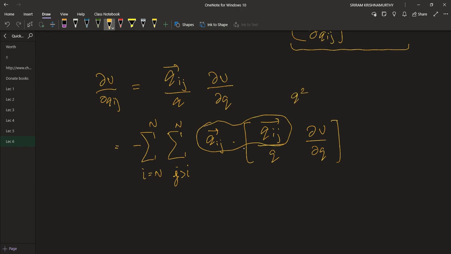So this is how we calculate the magnitude, and then this Q square and Q will get cancelled. So we have this, in the LHS we have this.